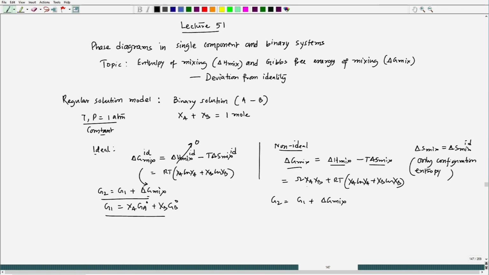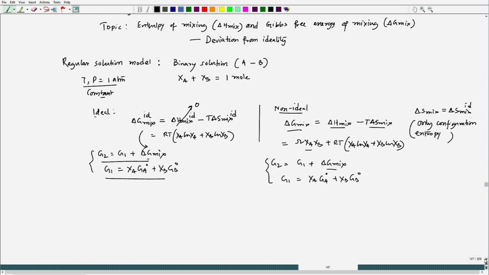So, the delta G mix expression can be put here, and G 1 is the same as what we considered in the case of ideal, X A G A naught plus X B G B naught. Fine. So, that is how we get the solution Gibbs free energy with respect to the pure condition. There we are just adding delta G mix.